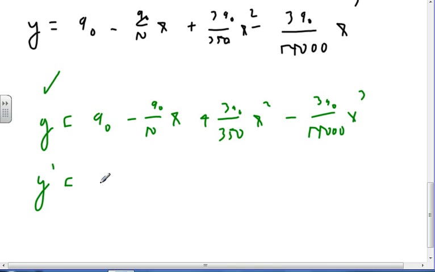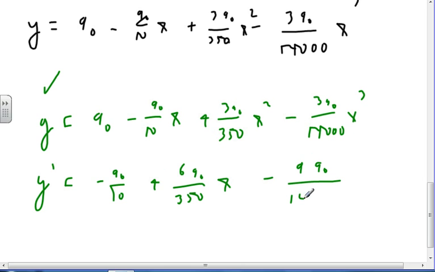Y prime is minus A0 over 10 plus 6A0 over 350x minus 9A0 over 14,000x squared.